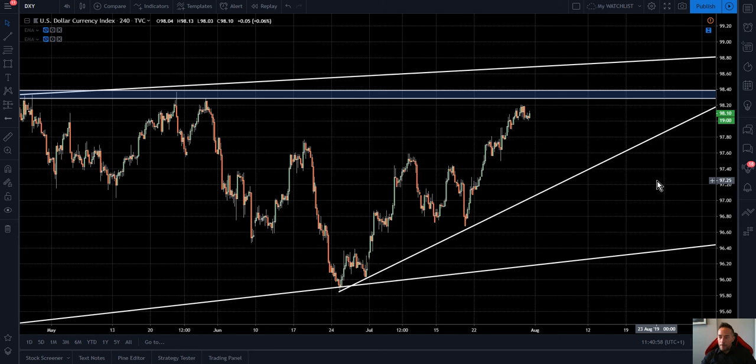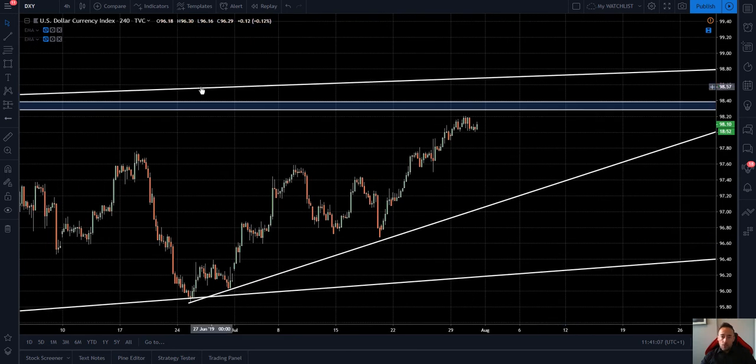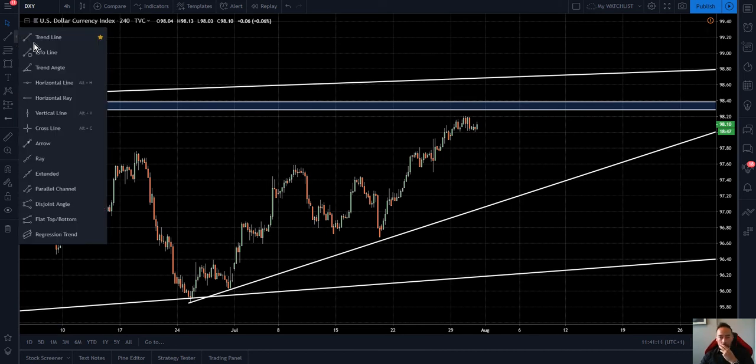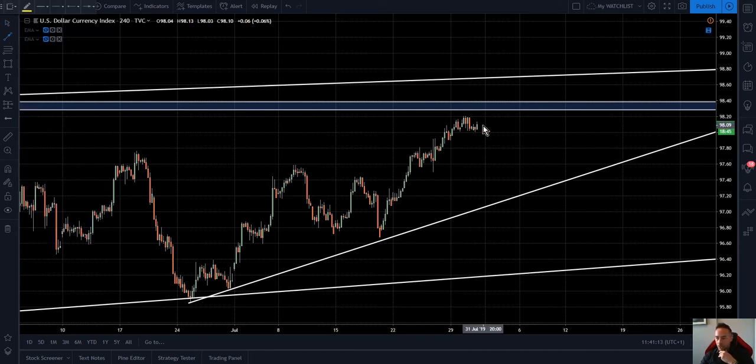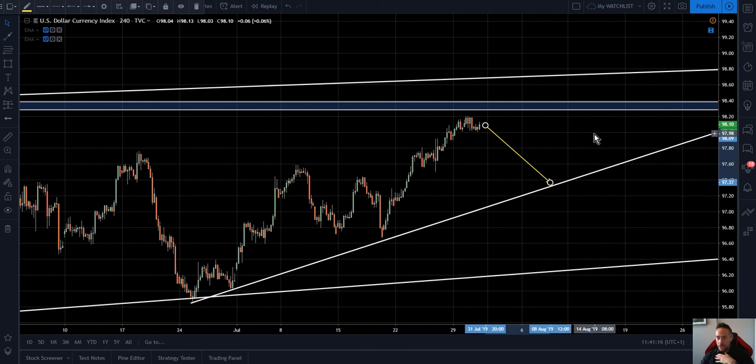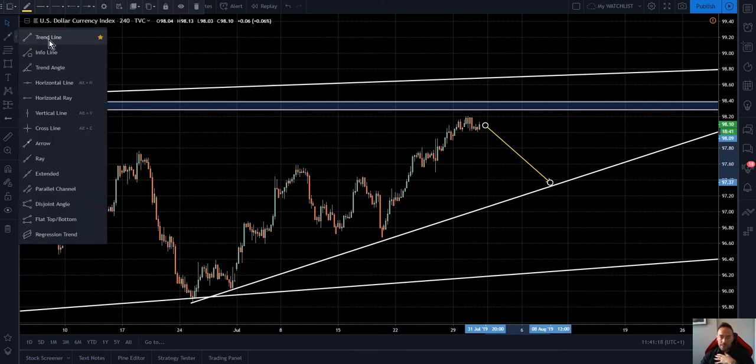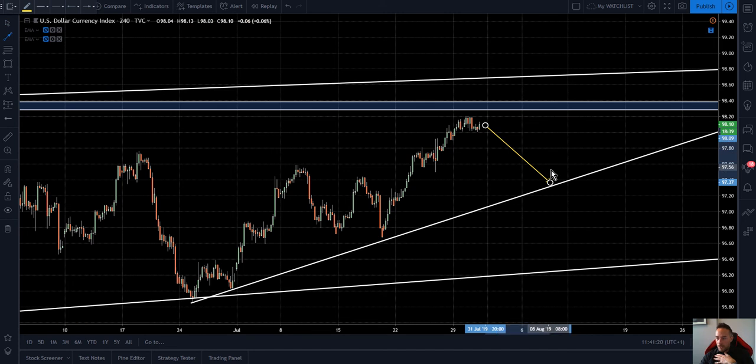To me, 25 basis points is priced in. If there's no cut at all, then we should see this really shoot up to the upside. Or, you know what, we might see no reaction at all. We never really know, do we? In which case, I would like to see this trend line tested, and then we will go for this 98.3 again.